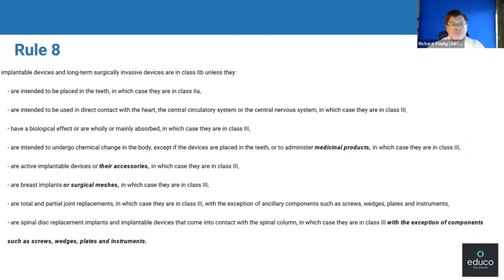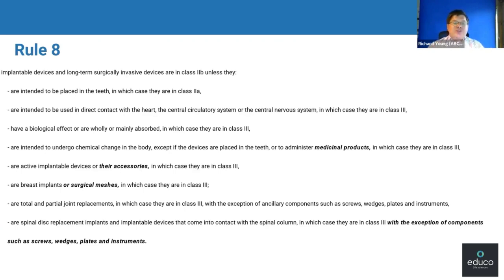Rule 8 talks about implantable devices and long-term surgical devices. This is generally things that are going to be in your body for over 30 days. They start off as a 2B. Again, we've got stuff that's going to be implanted on the teeth. This could be things like braces and things like that. They're class 2A in that first bit there.